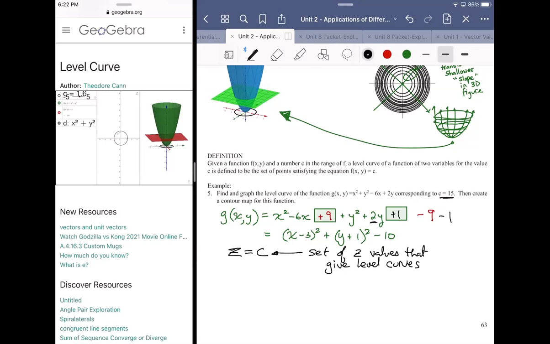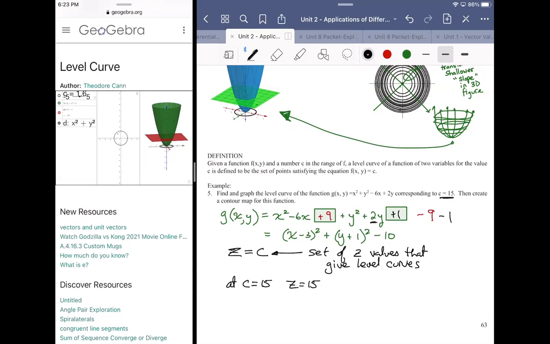What this question is asking me to do, at least initially, is focus on just the level curve when z is equal to 15. So at c equals 15, z equals 15.